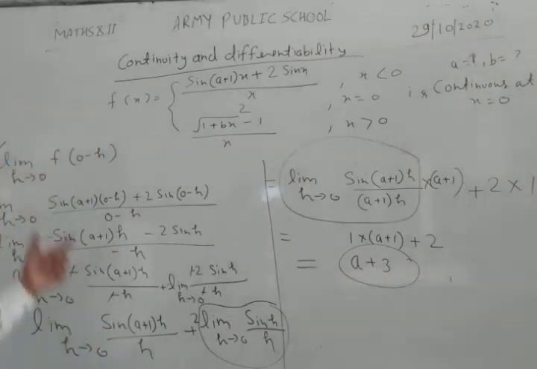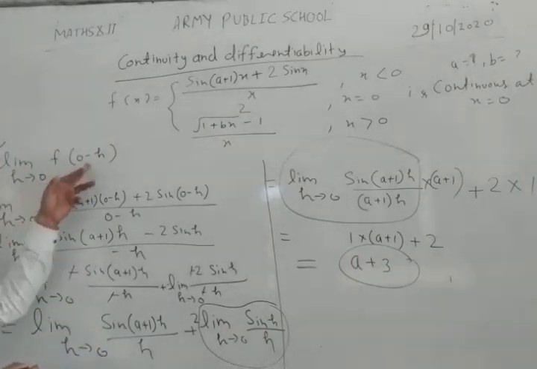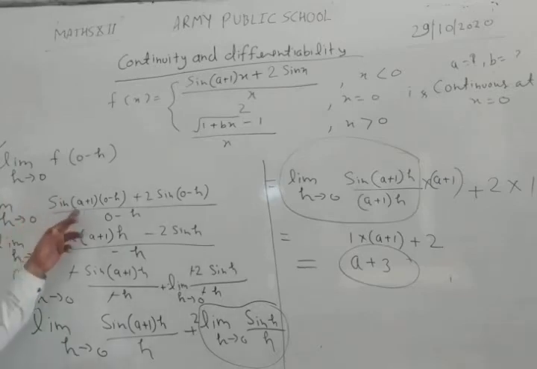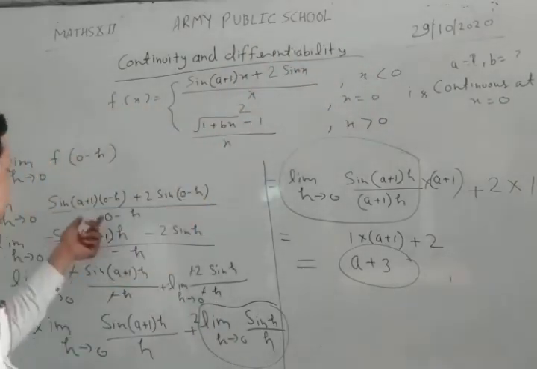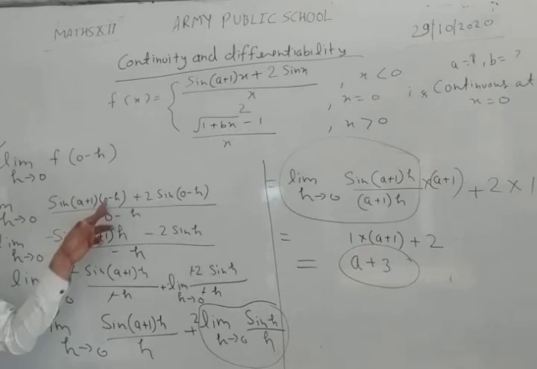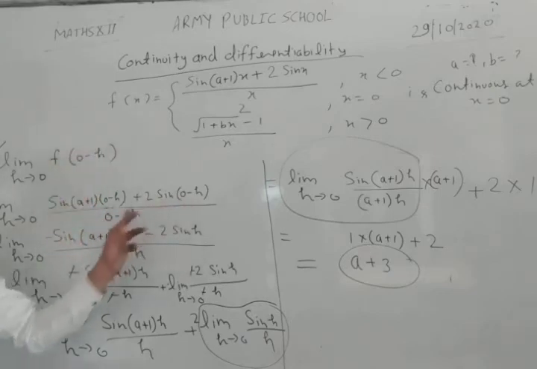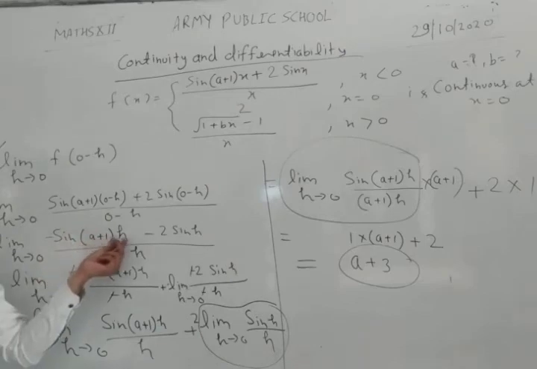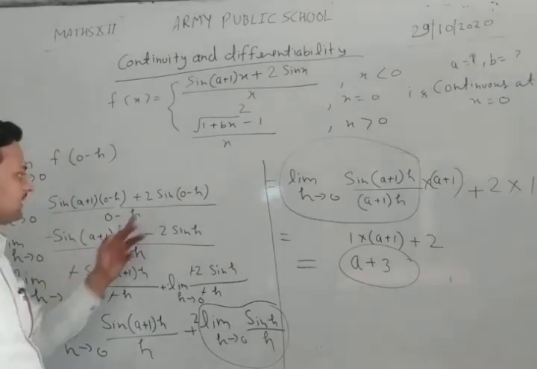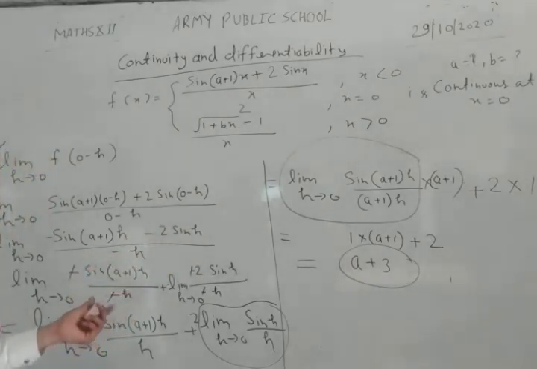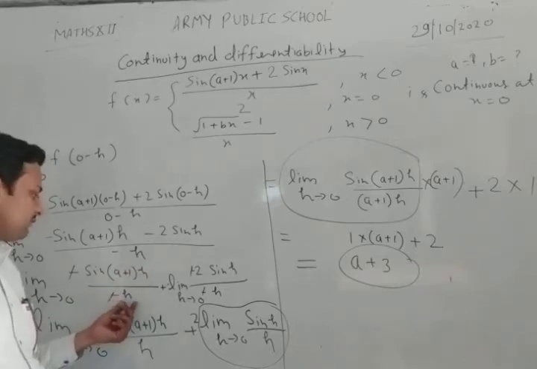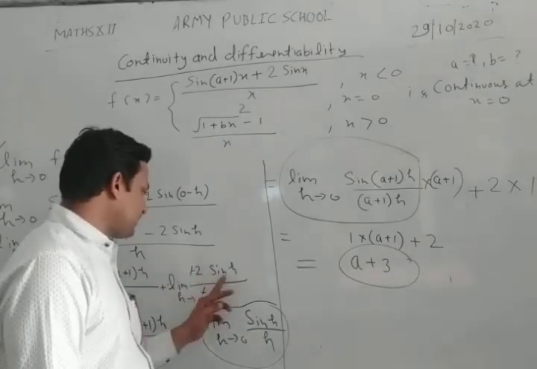What we have done: our left hand limit is limit h tends to 0 of f(0-h). For x less than 0 the function is sin(a+1)x, so at the place of x we write 0-h, and get -sin(a+1)h. Sin(-θ) is -sin θ. So we separate both terms and take limits separately: limit h tends to 0 of sin(a+1)h by h, plus limit h tends to 0 of 2 sin h by h.